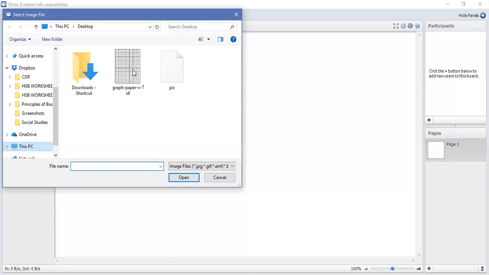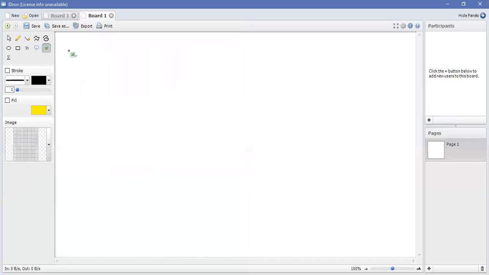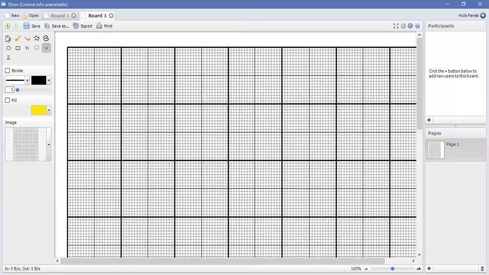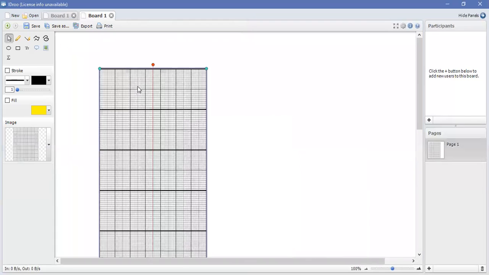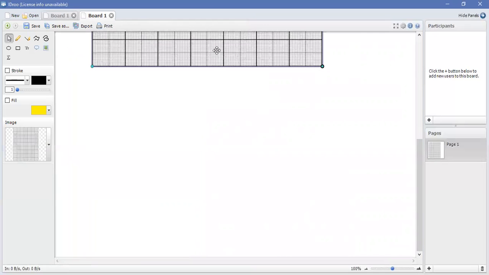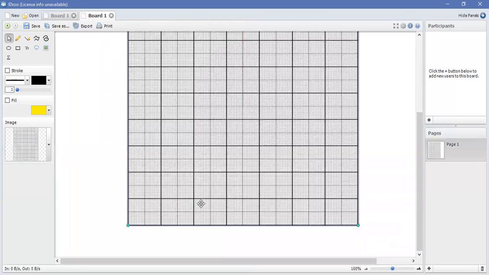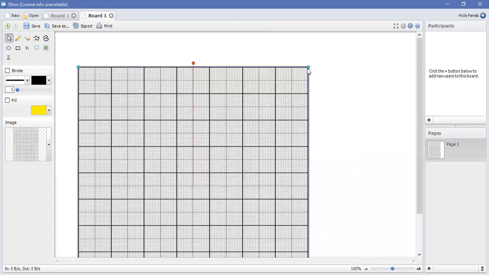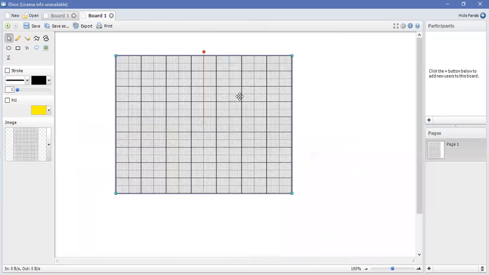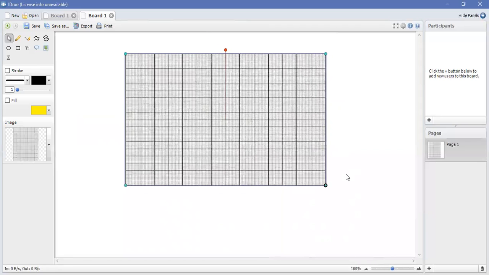There's my graph board. I think this is a decent size.